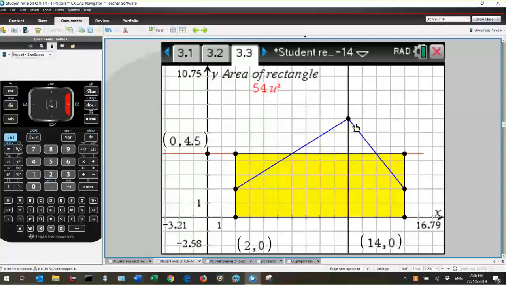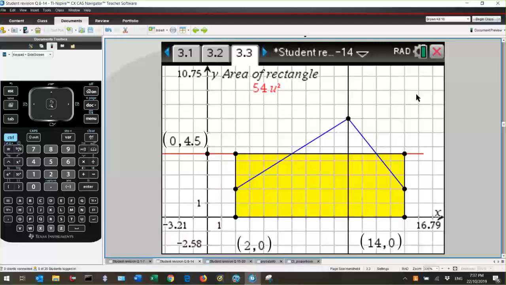And likewise, this triangle over here and the yellow triangle underneath, those areas are the same. And that's where the formula for average value comes from. It comes from trying to get a rectangle that has the same area as the area under the graph.